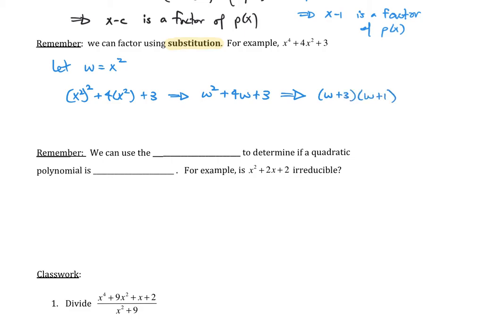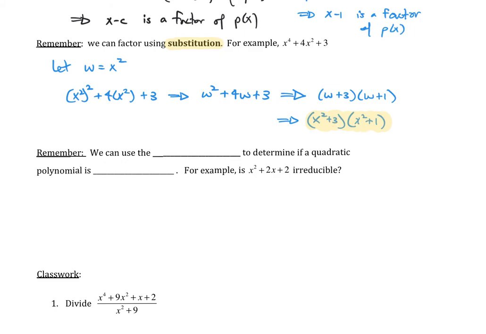Then you can substitute back, and we get x squared plus 3 and x squared plus 1. So that would be our factored polynomial. Now, each of these two factors would be examples of irreducible quadratics.